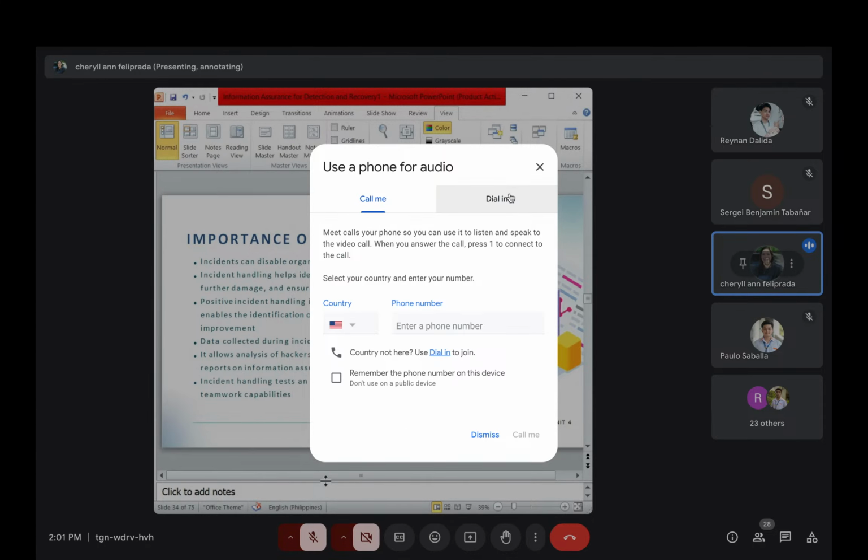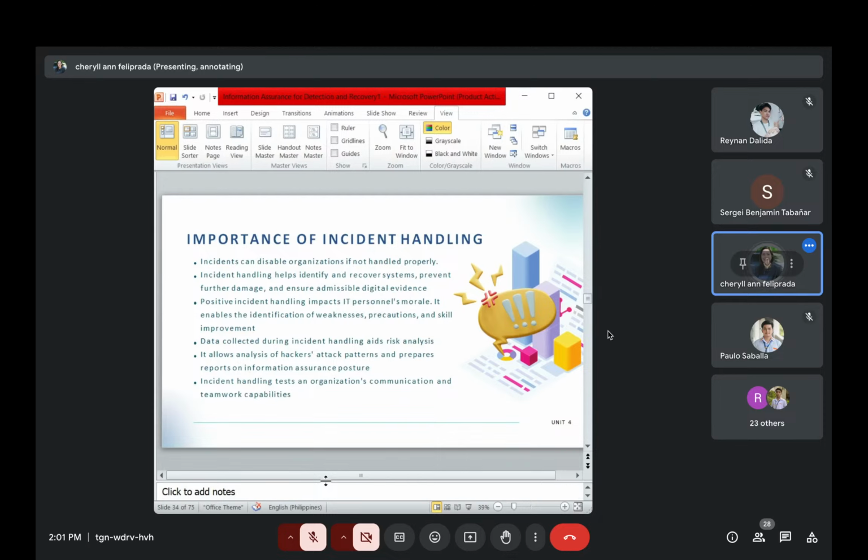It enables the identification of weaknesses, precautions, and skills development. Also, data collected during incident handling impacts risk analysis. After gathering data on what happened and what the causes are, this will be the basis for developing a risk analysis or a risk mitigation plan.